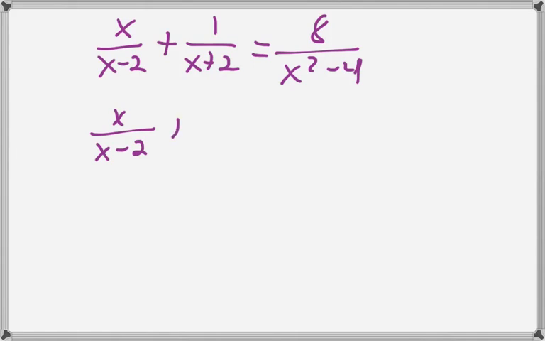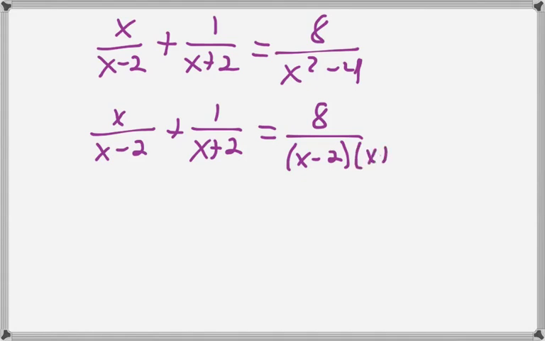So the two denominators on the left cannot be factored because they're already linear. But we can factor the denominator on the right. The denominator on the right is the difference of squares. It's x squared minus 2 squared. So it's going to factor as x minus 2 times x plus 2.